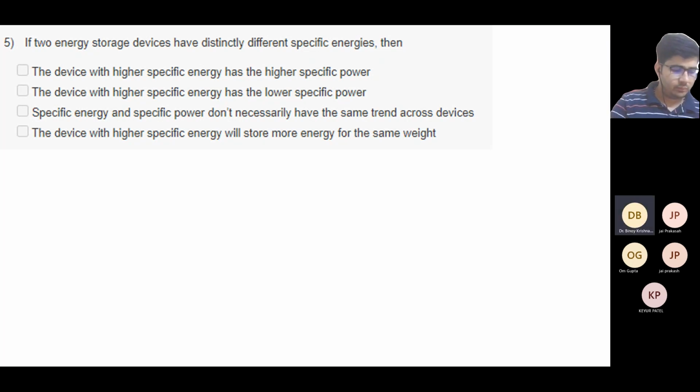Sir, your options are not displaying here. Maybe just wait for 1 minute, maybe there is a network issue. Is it visible now?